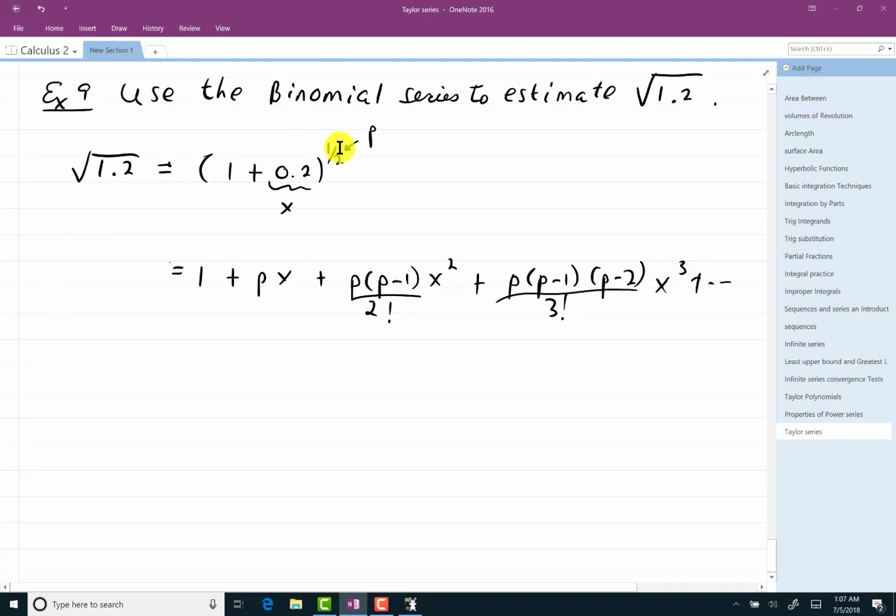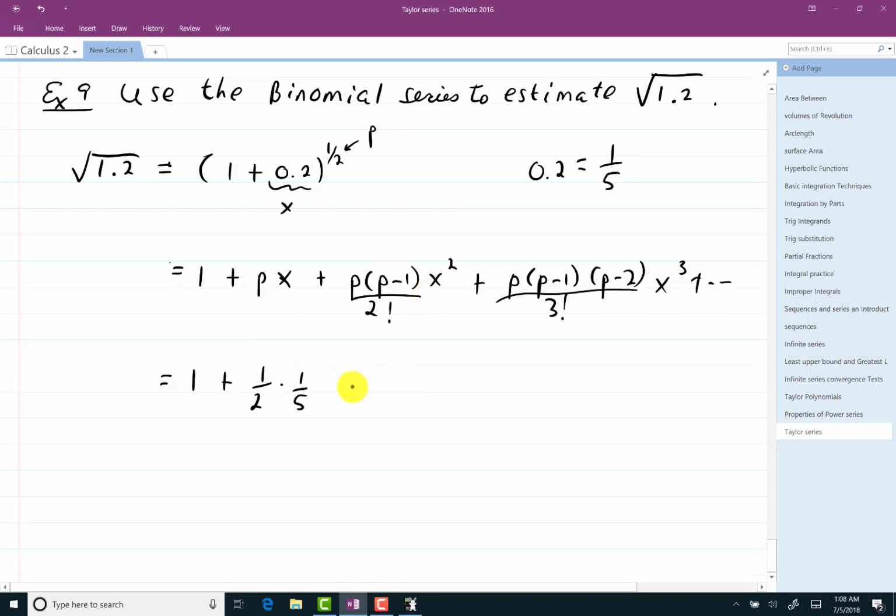My p is 1/2, and my x, you can write it as a decimal or as a fraction, I really don't care. If I ask a question like this on an exam, you'll have to use this to get your answer. If you just use your calculator, you'll get 0 credit. So let me write my numbers in then. 1 plus, I'll use p equals 1/2, and my x will be 1/5. So 0.2 equals 1/5. I'll use that, so I won't mix decimals and fractions.